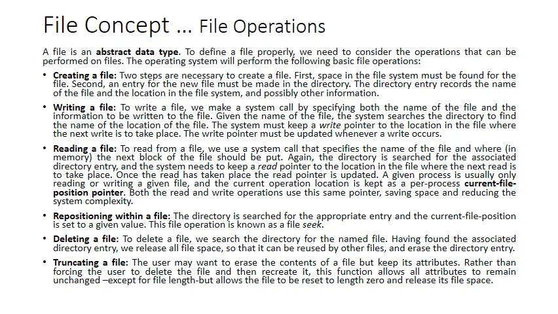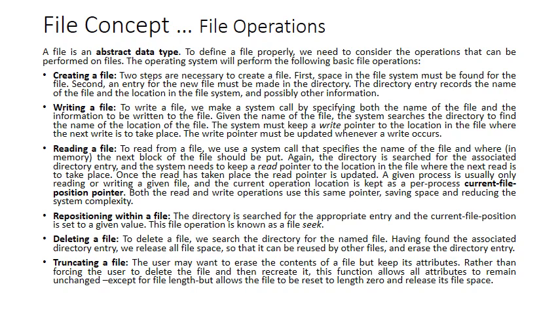A given process is usually only reading or writing at any given point of time in a file. And the current operation location is kept as per process current file position pointer. For every process, what is the current file position pointer?